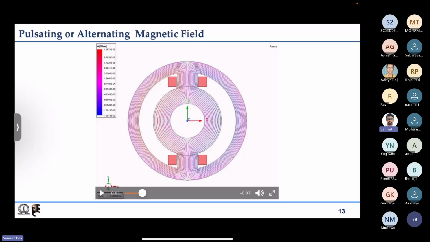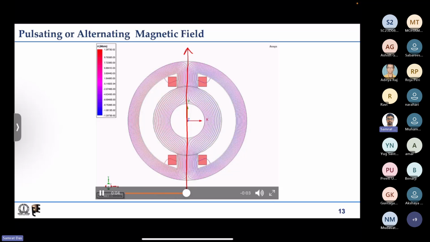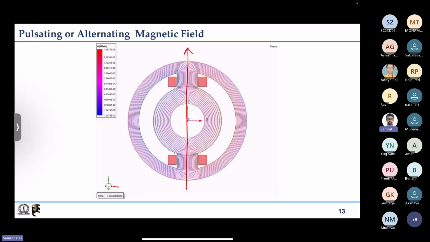But one clear thing you can notice is that the axis of the magnetic field always remains the same. Although the current is changing and you can see the pulsation in the field, the flux density values are changing with time, but that does not cause the axis to change. So it is still a stationary magnetic field, but the magnitude of the magnetic field is varying with time, because we are changing the magnitude of current sinusoidally. That is why the flux density is also changing.